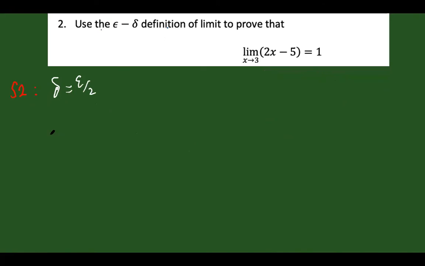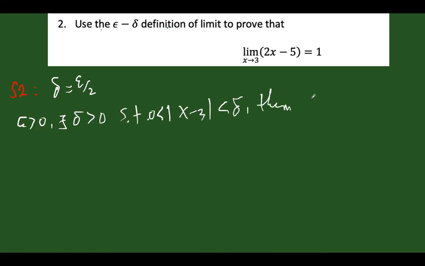So it is stated that for every epsilon greater than 0, there exists delta greater than 0 such that if the absolute value of x minus 3 is less than delta and greater than 0, then we need to show that the absolute value of 2x minus 5 minus 1 is less than epsilon.